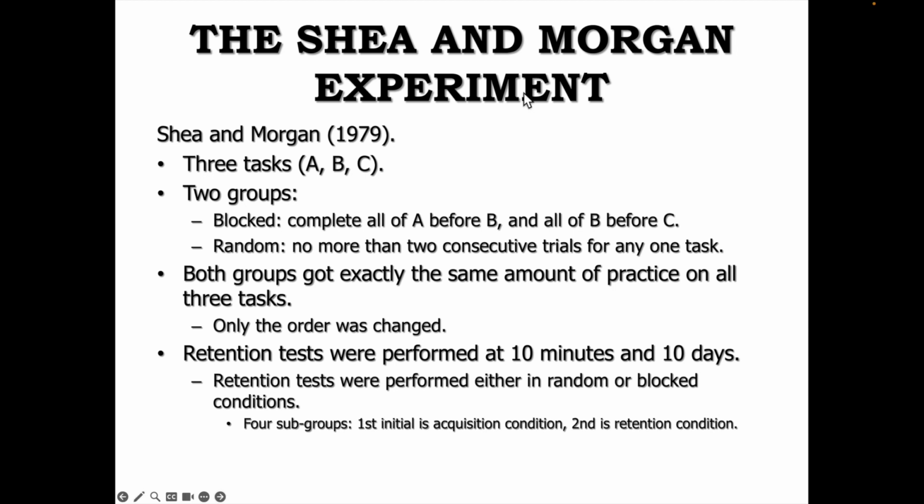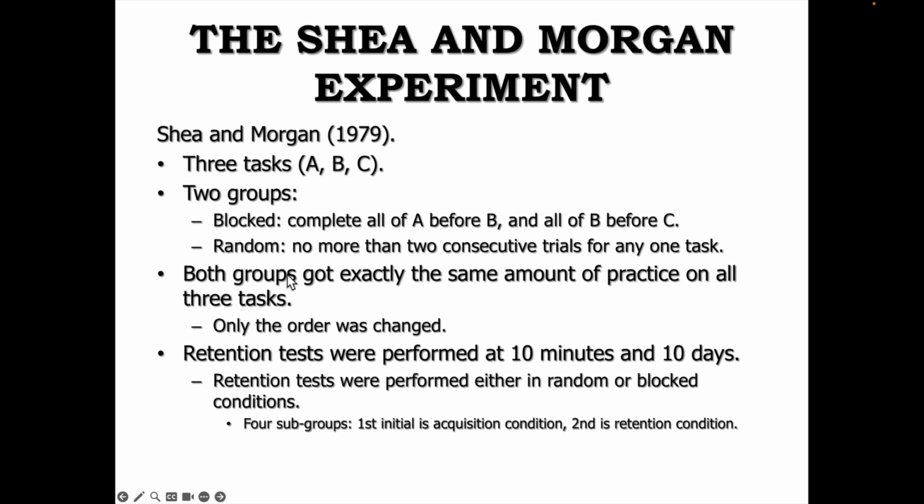Shea and Morgan had an experiment looking at three different tasks, and in the two groups, they had blocked or random practice. Block practice meant completing all of A before B, and then all of B before C. Random means that you performed one trial of A, then one trial of C, then maybe one trial of B, basically mixing up the tasks.